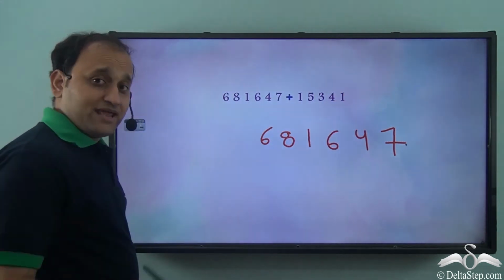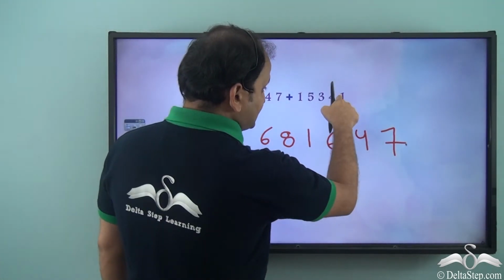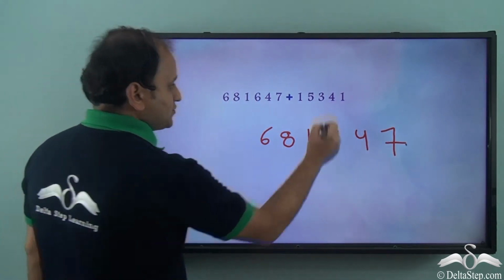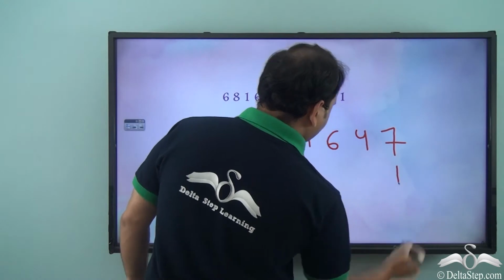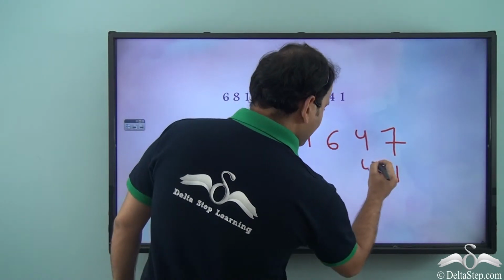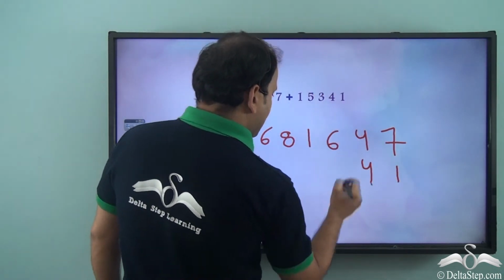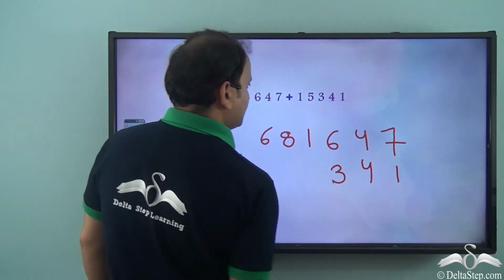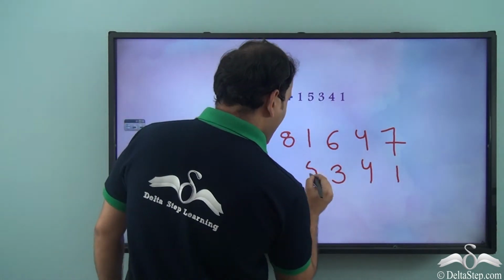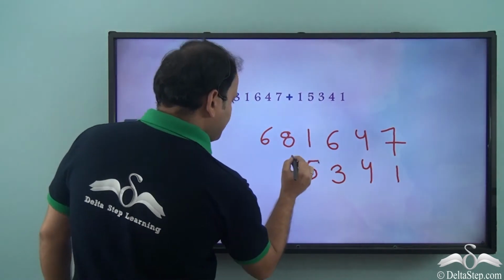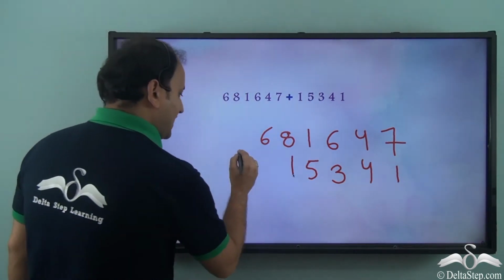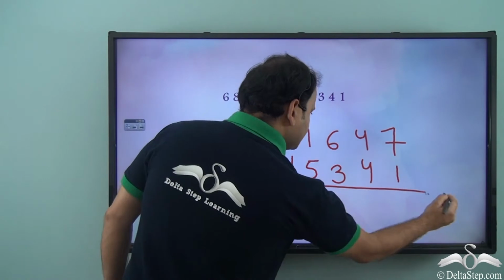15341. Now it's very important that we place units digit under units digit. So 1 will come under 7, 4 will come under 4, 3 will come below 6, 5 will come below 1, and 1 will come below 8, and we'll perform addition.